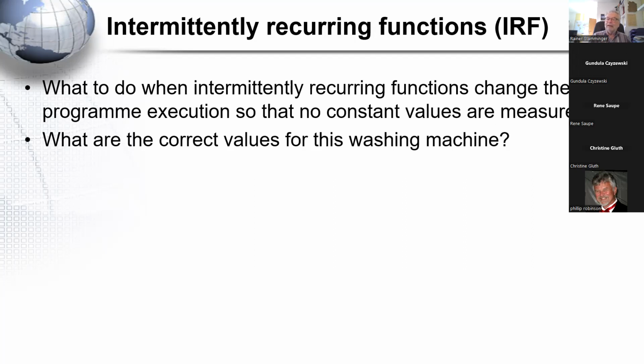If you are an independent laboratory and you get one machine delivered by a competitor or by market surveillance, and you are asked to measure it, you come to the question, what is the correct value if you have those intermittently recurring functions happening?